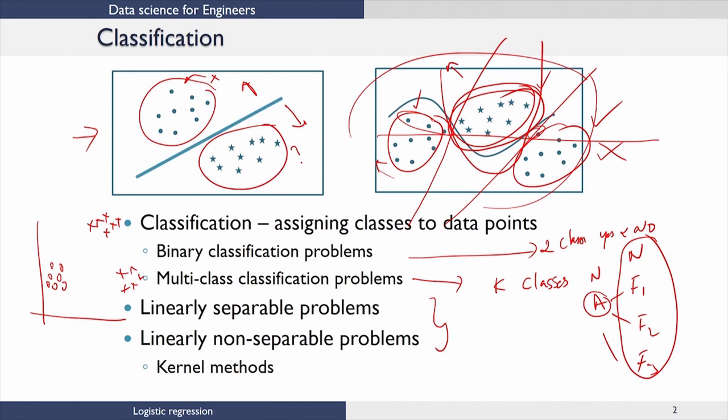It is slightly different from the binary classification problem, because there we needed only one decision function, and based on that one decision function we could say whether a point belongs to class 1 or class 2. In multi-class problems you could come up with more decision functions, and more decision functions would mean more hyperplanes, and then you can use some logic after that to be able to identify a data point as belonging to a particular class.